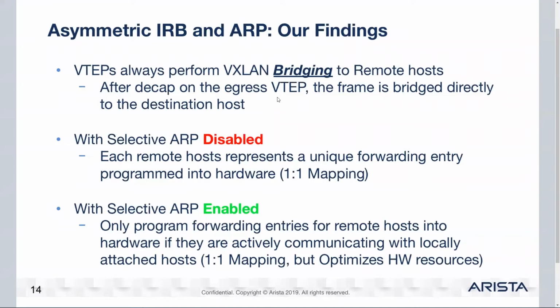We saw that with selective ARP disabled, we have the one-to-one mapping, and there's a unique forwarding entry programmed into hardware for each remote host. When we enabled selective ARP, we only programmed forwarding entries for remote hosts communicating with locally attached hosts. So it's still a one-to-one mapping, but we get a chance to optimize our hardware resource consumption.